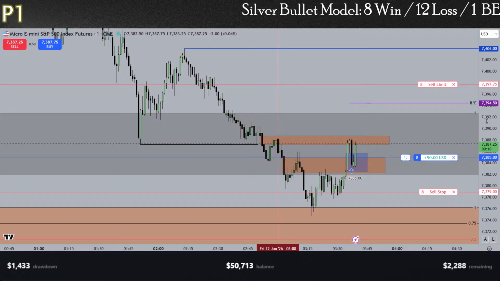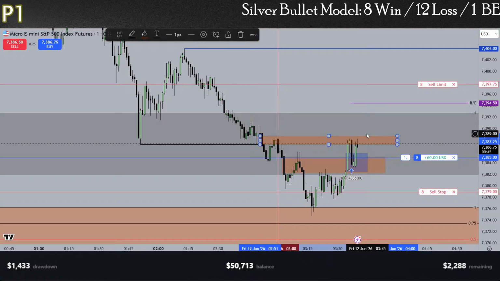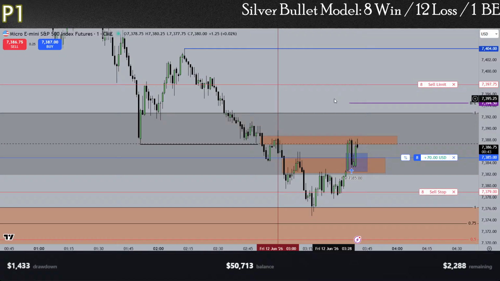All right, very nice reaction off of this inversion fair value gap here so far. I like to see large up candles here a lot. All right, so now we should be trading above this higher one, and it should also be another line in the sand for potential support if you can close above it.